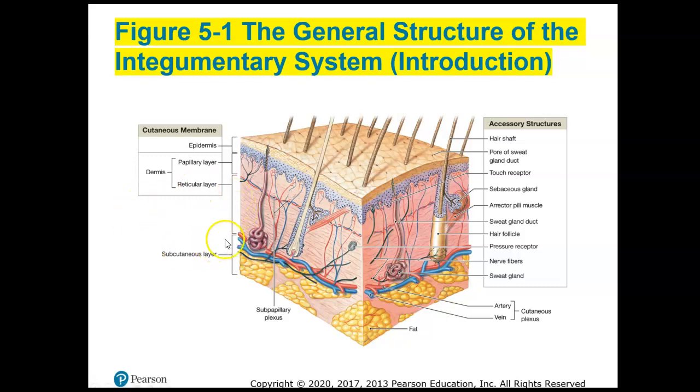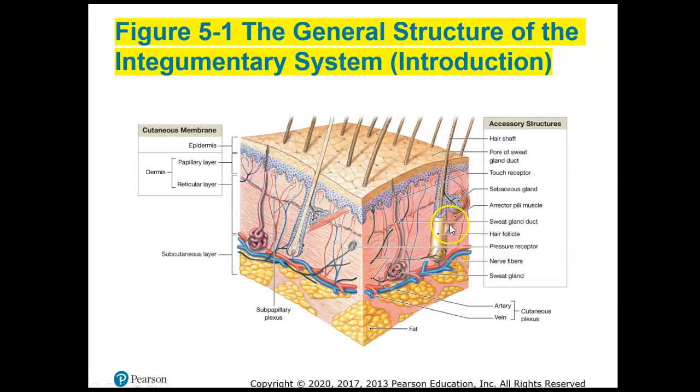Below that, the subcutaneous layer, or hypodermis, is shown here, and you can see all of the adipocytes and adipose tissue. Okay, the accessory structures: you can see the hair shaft, which is the portion above the skin, the hair follicle, which extends down into the deeper layer of the dermis.